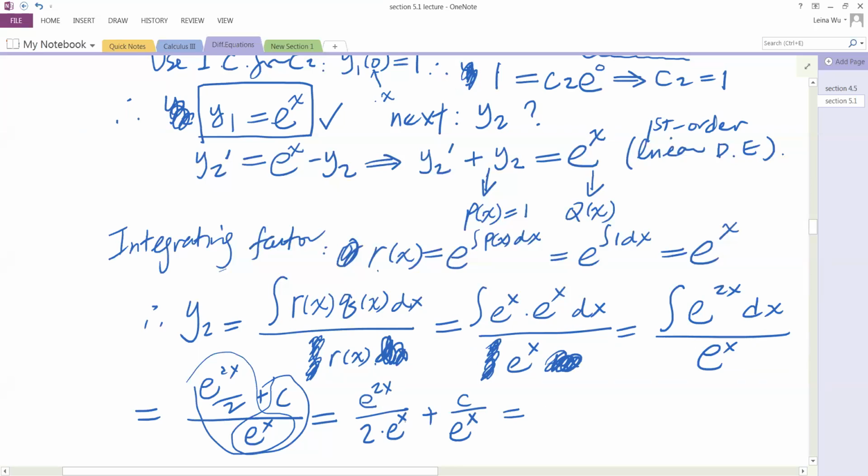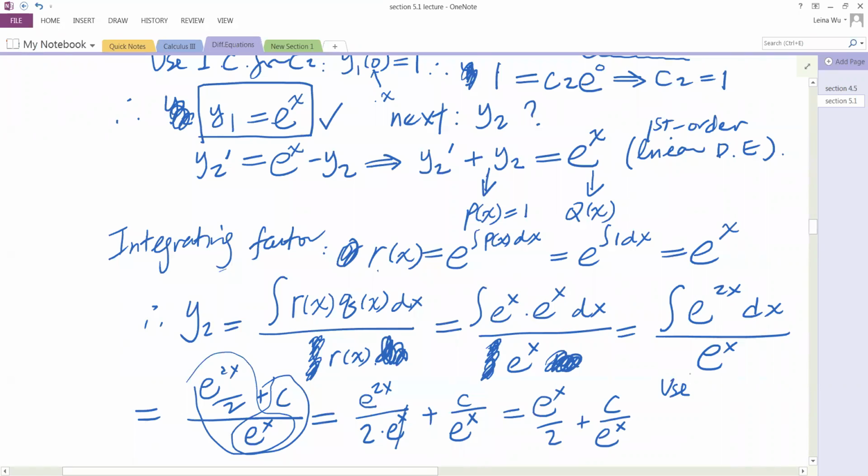You can reduce e to the x. You just have e to the x over 2 plus c over e to the x. Good so far? This is the general solution for y sub 2. We're almost done except for looking for the c.